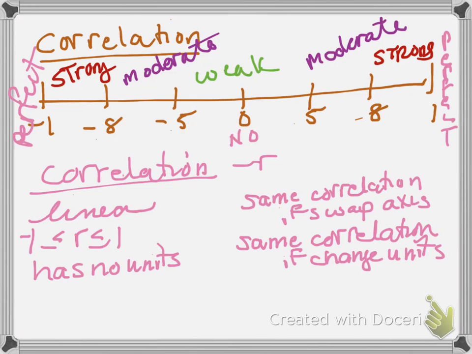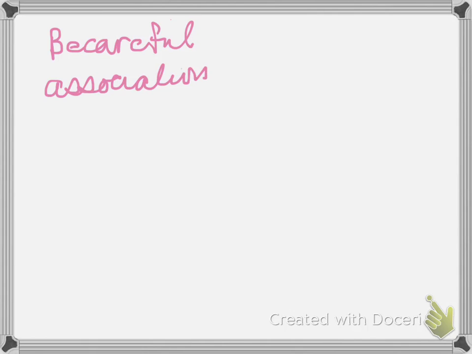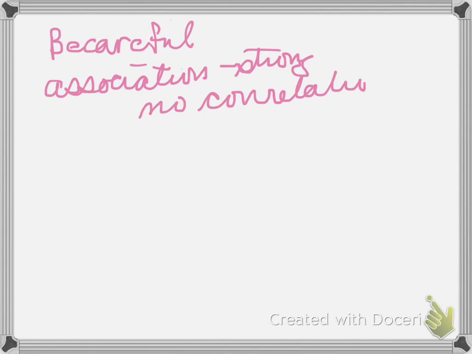All right, so here are areas where you have to be careful. Something can have an association, could have a strong association, but no correlation. Now how can that happen? All right, so here's my coordinate plane. Can you see my dots here?